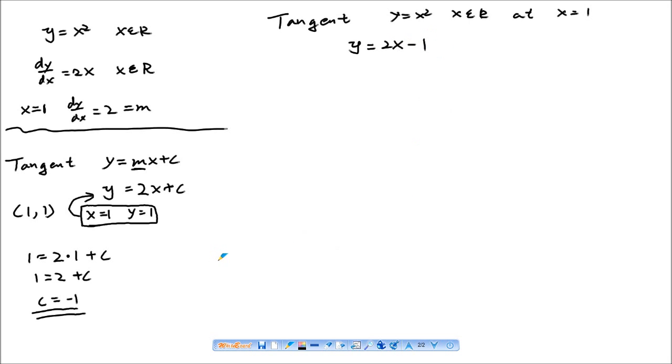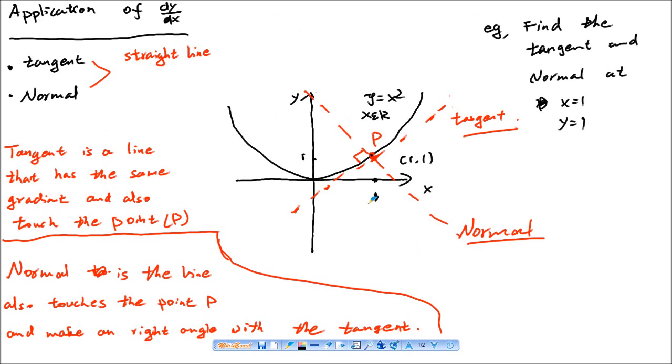Now we have to find the normal. The normal goes through the point (1, 1) and also makes a right angle with the tangent.